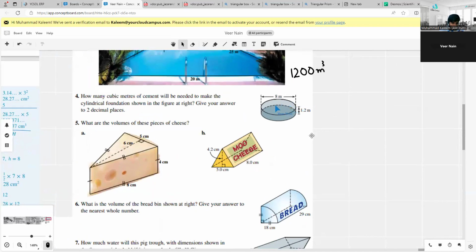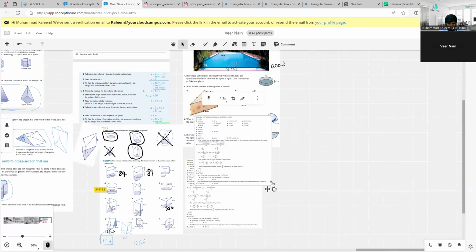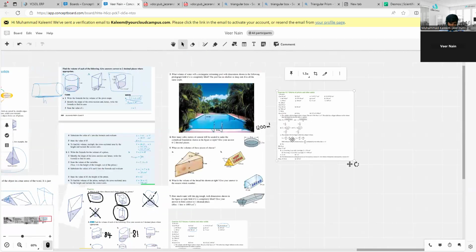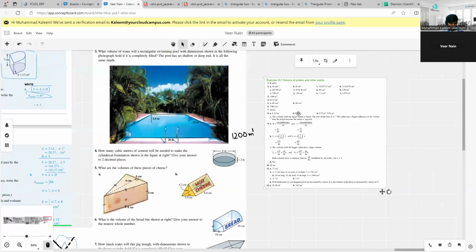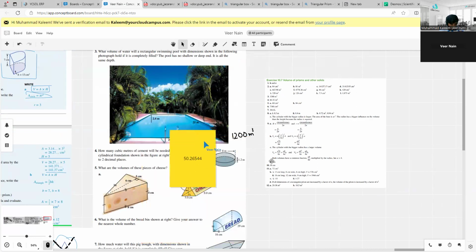First we have to find the area of this one, which means that if this is 8, so 4 times 4 is 16. 3.14159 times 16 equals 50 point something. This is the answer that comes out with the calculator. For question number 4, no, I'm not finished yet.